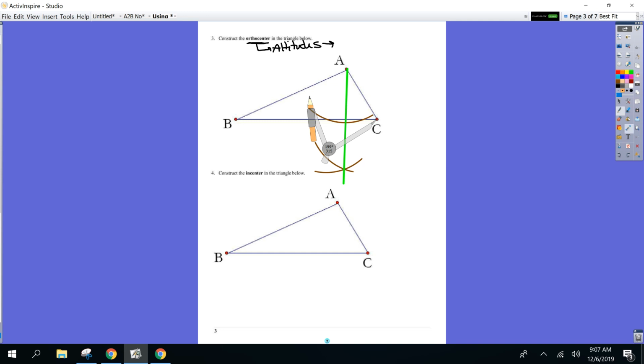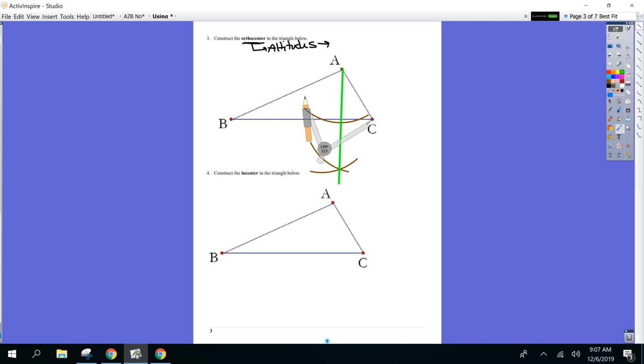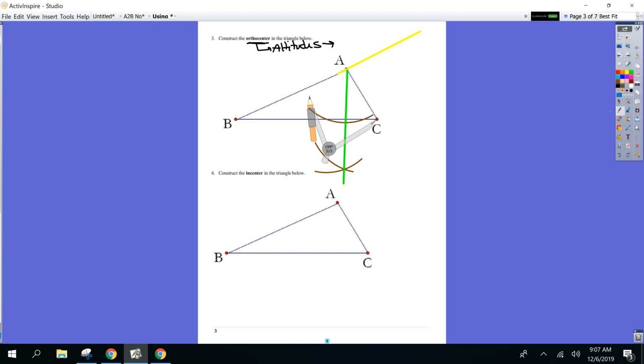Extend your side. Yep. So I'm going to extend AB in one or both directions, doesn't matter, with my straight edge. And now hopefully I can get it to intersect in two spots. I think I can here. There we go. Mine's going to go off the paper, of course.